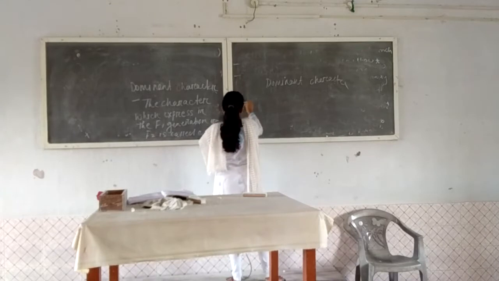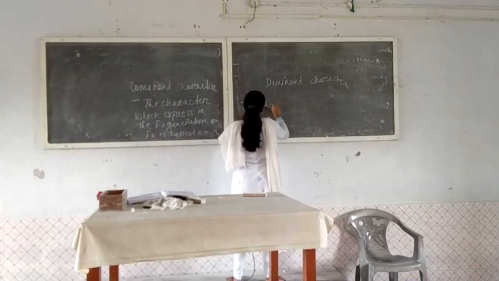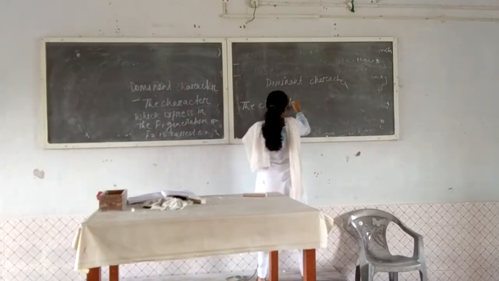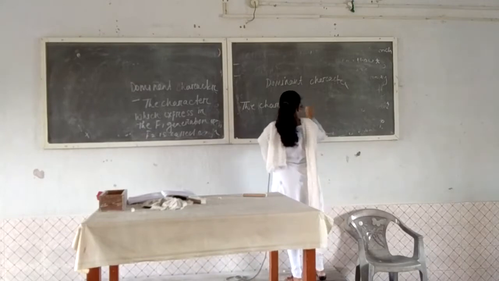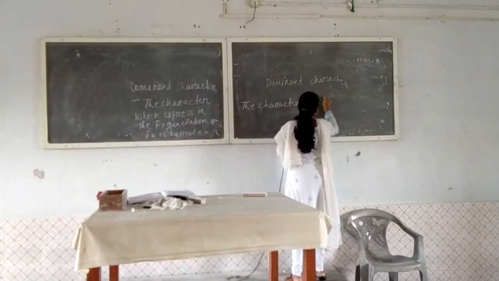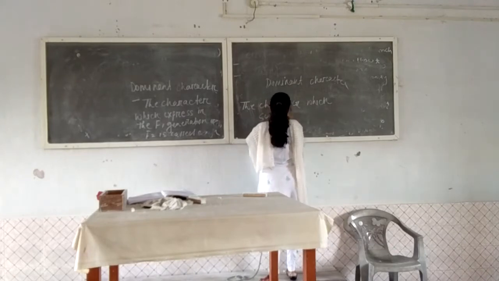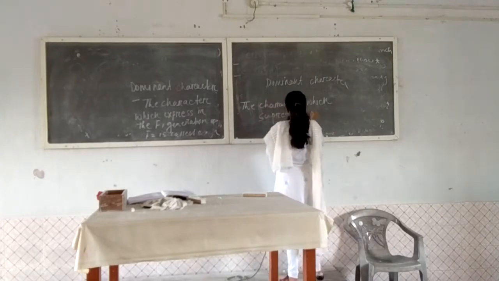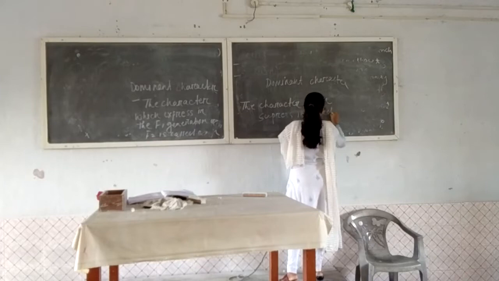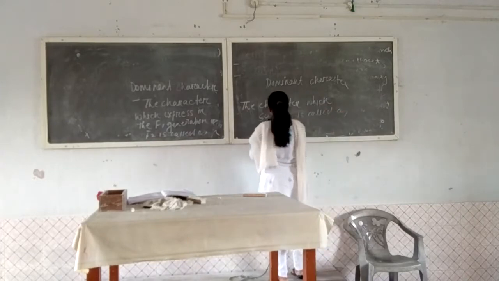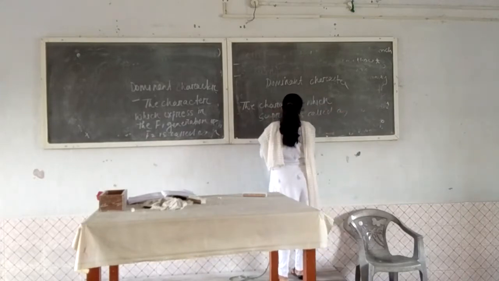And the character which suppresses is called as recessive character.